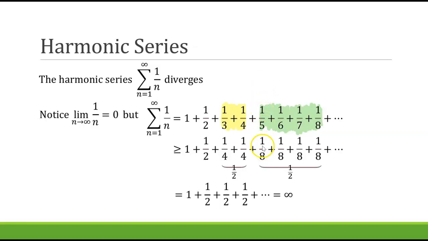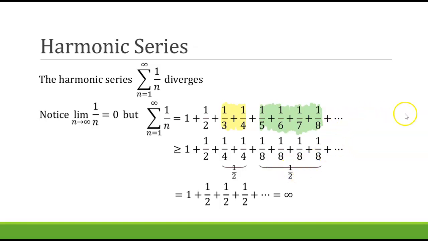So 1/5 is definitely bigger than 1/8. 1/6 is bigger than 1/8. 1/7 is bigger than 1/8. And then 1/8 is equal to 1/8. So again, the greater than sign holds. We're convincing ourselves that this top list of numbers is definitely bigger than this next list of numbers. But 1/8, 1/8, 1/8, 1/8, that's 4/8, which is another 1/2. So we're looking at 1 plus a half, plus a half, plus a half.